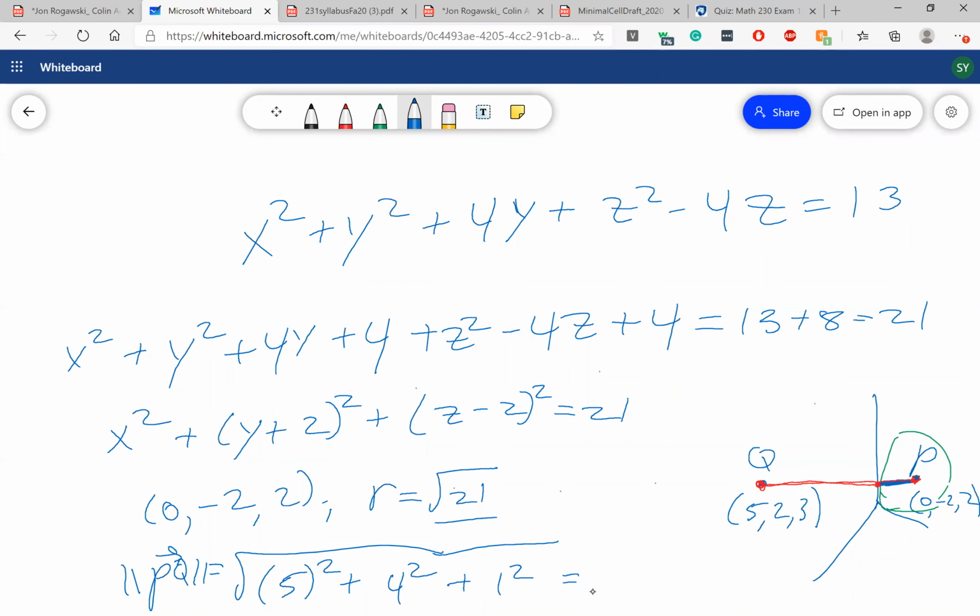So this is equal to the square root of 25 plus 16 plus 1, which is equal to the square root of 42. So the shortest distance from this point to the surface of the sphere is going to be the square root of 42 minus the square root of 21.